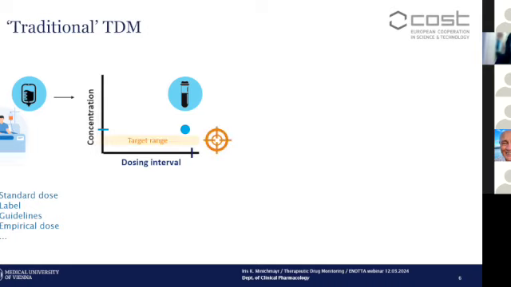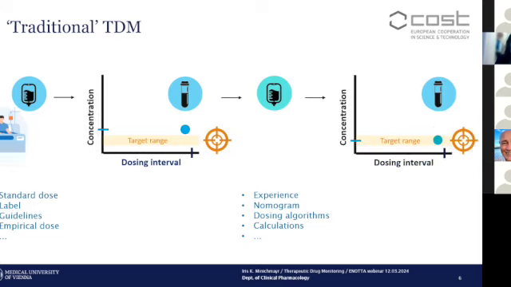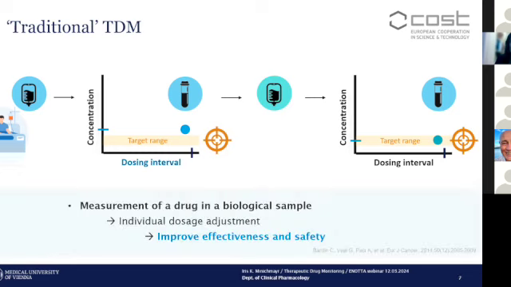The concentration is measured and compared to a target range within which the drug is expected to be effective and safe. And if the concentration is outside the target range, the dose is adjusted, often based on nomograms or dosing algorithms or calculations or an educated guess, so that the next TDM hopefully reveals a concentration within the target range.